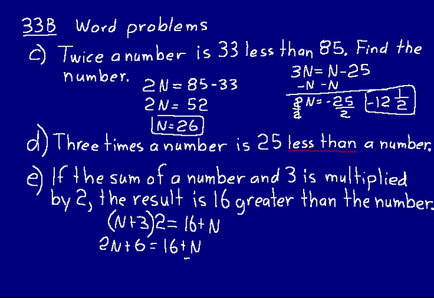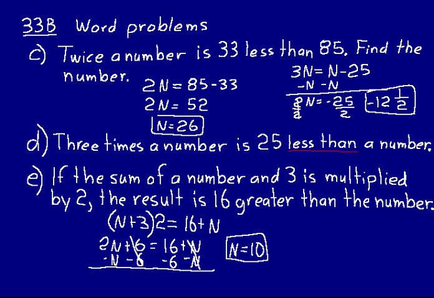So let's add a negative n to both sides, and let's add a negative 6 to both sides. We'll do all of that in one line. Those n's cancel, these 6's cancel, and then we end up with 2n minus n, which is just n. I'll write it over to the right side here. And then 16 minus 6 is 10. n equals 10.